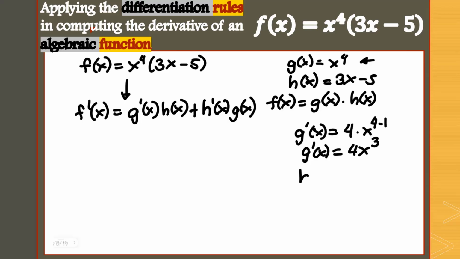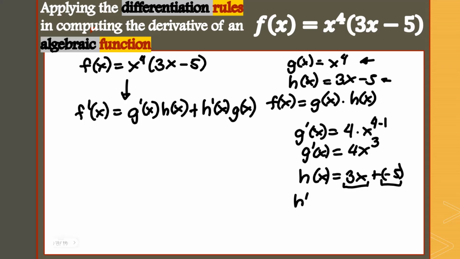As for our h prime of x, you will have here 3x minus 5, so you will have here the sum. Again, don't be confused even if they are written in terms of difference, because you can have here 3x plus negative 5 for your general form of your h of x. Hence, we are still going to use here the sum. But basically, once you do it like that, you have here a constant multiple and a constant.